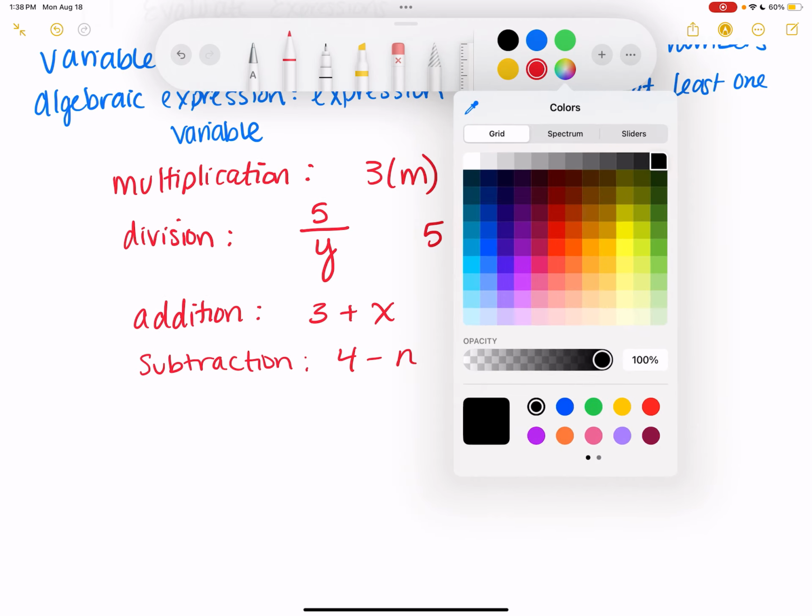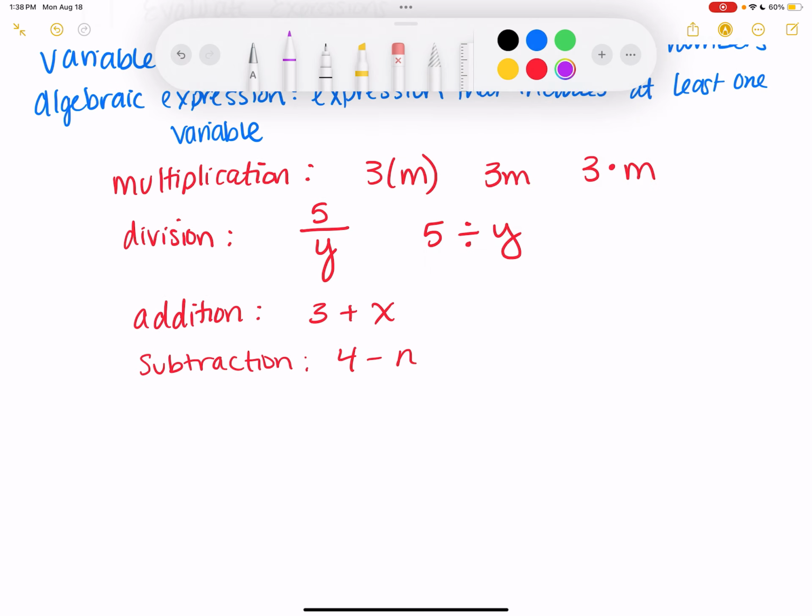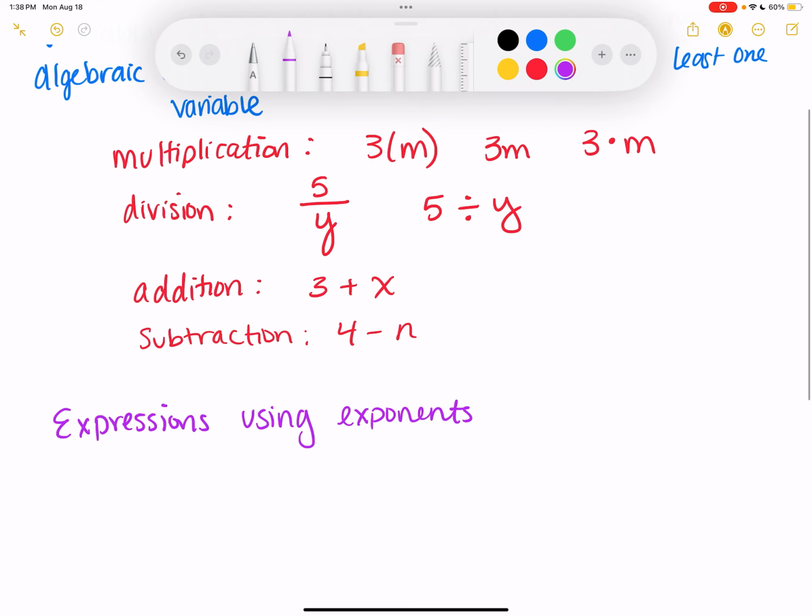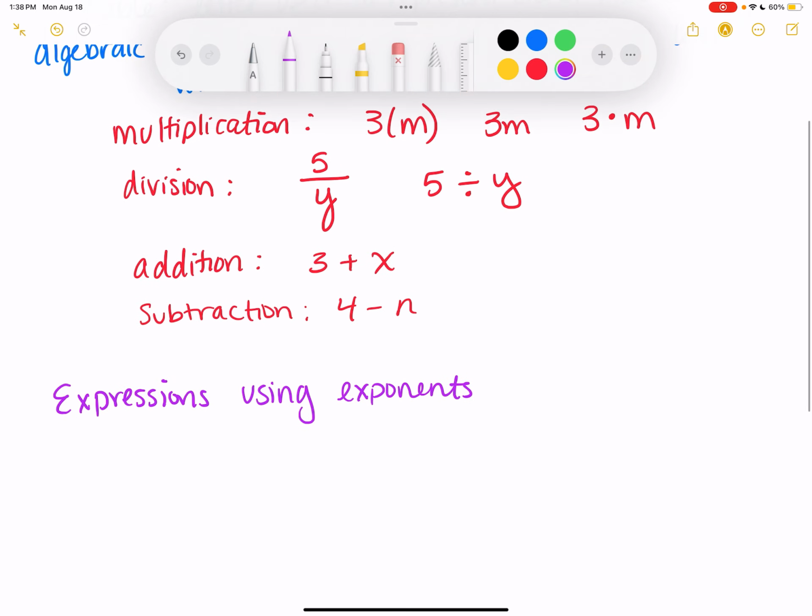Let's see, expressions using exponents. Essentially I'm just going to do this by showing you an example.